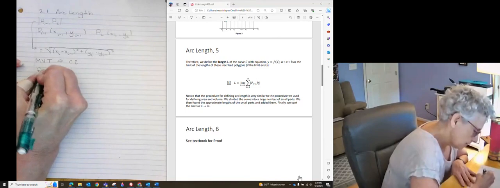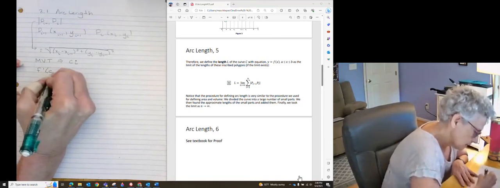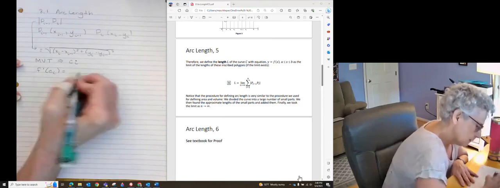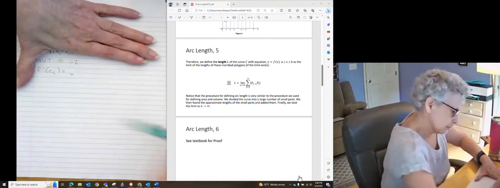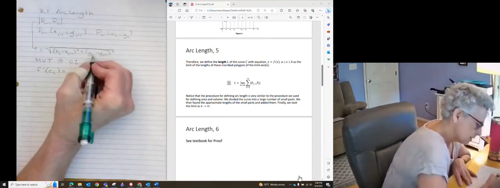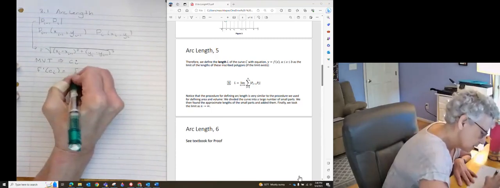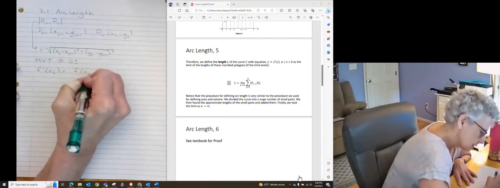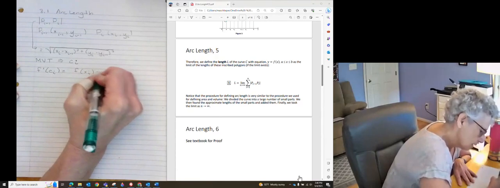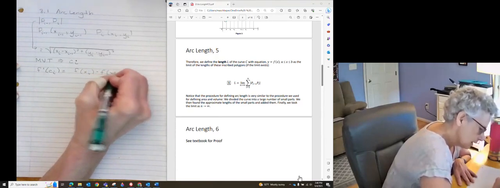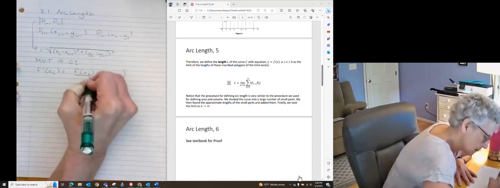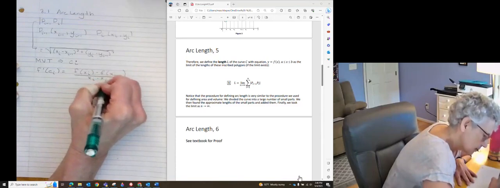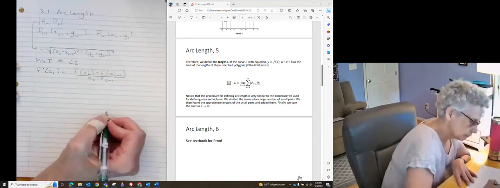So F primed of C sub I is equal to, I'm going to go ahead and write it out as the change in the outputs. So F of X sub I minus F of X sub I minus 1 over X sub I minus X sub I minus 1.